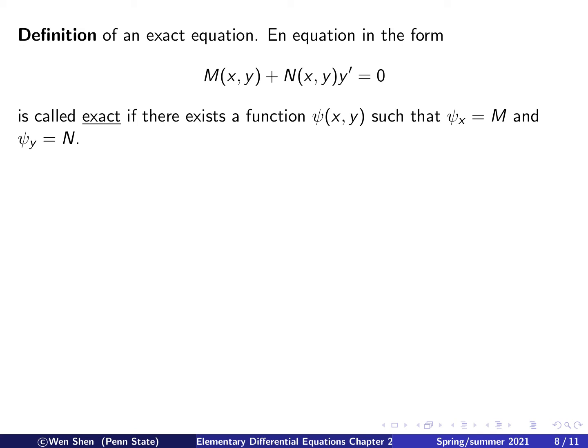An equation in this form, some function M of x, y plus some function N of x, y, y prime equals 0, is called exact if there exists a function psi such that psi sub x equals M and psi sub y equals N. So this will be psi sub x and this is psi sub y. And then we know from the discussion of the example that psi equal to constant will be a solution.